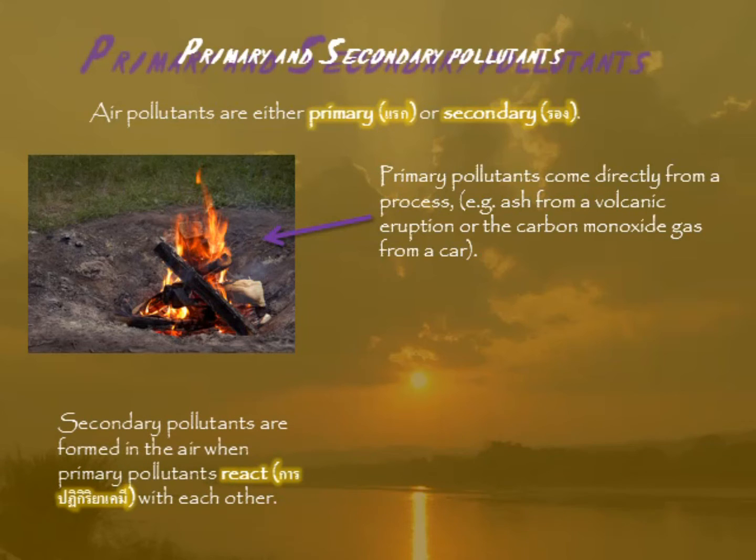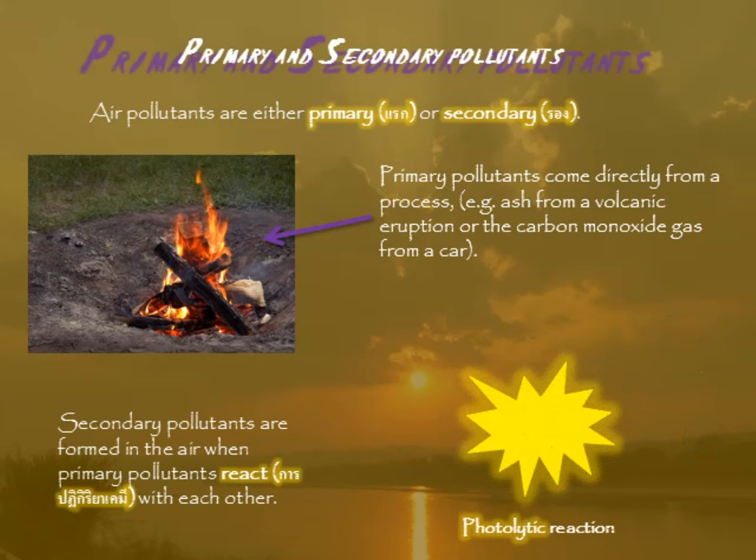Secondary pollutants are, on the other hand, formed in the air when primary pollutants or other gases in the atmosphere react with each other. So here we have, say, a primary pollutant in one case, and if it interacts with sunlight in the atmosphere, we can get from it secondary pollutants, or maybe another harmless gas and a secondary pollutant.